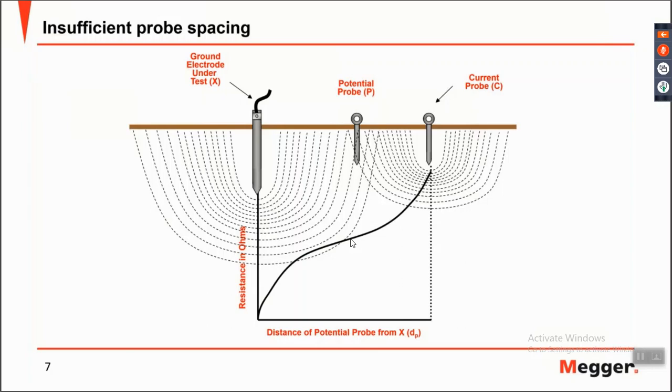If you get inconsistent results, if you put it here at 10%, 20%, 40%, up to 80%, and you get inconsistent results, it means you are in the interference position. So you need to move the current probe far away from the beginning position, and try again with the same procedure.